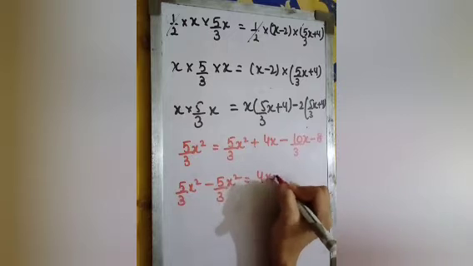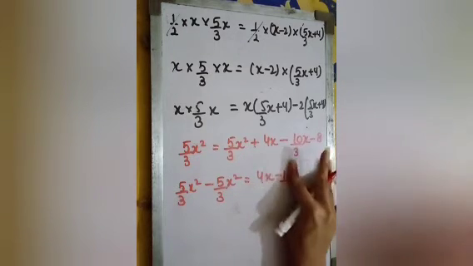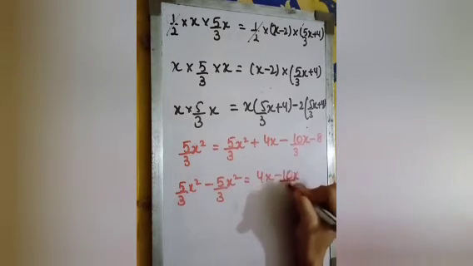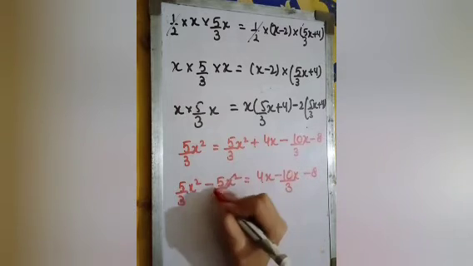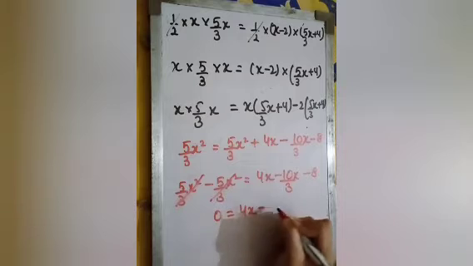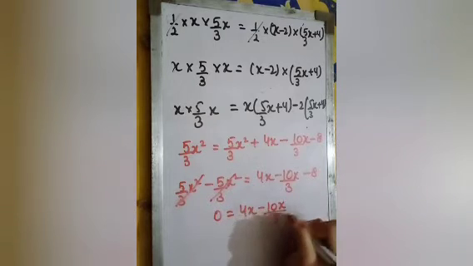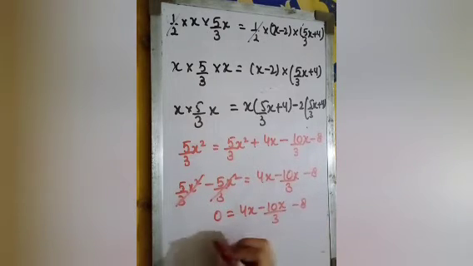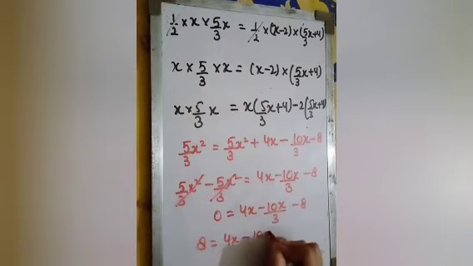We have 4x minus 10x upon 3 minus 8. We will send this 8 here. So 8 equals to 4x minus 10x upon 3. Now take the LCM.